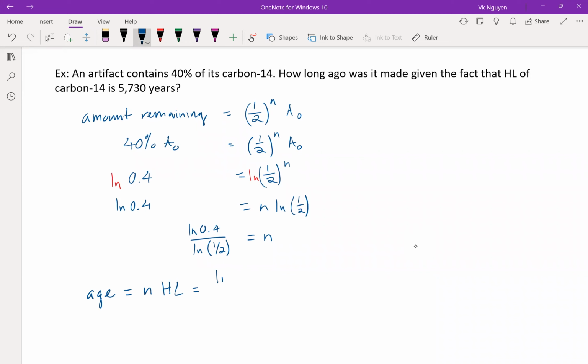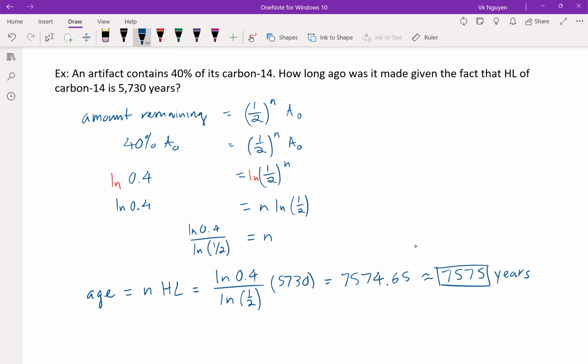We know n is ln 0.4 over ln 1/2. We know the half-life is 5730. Plug this in the calculator and we have 74.65, which is approximately 75 years of age. Pretty cool, huh?